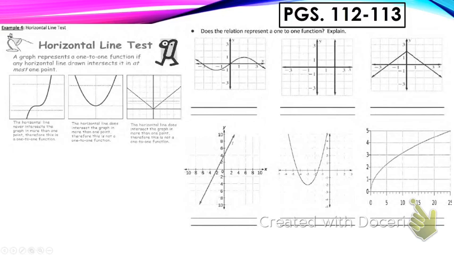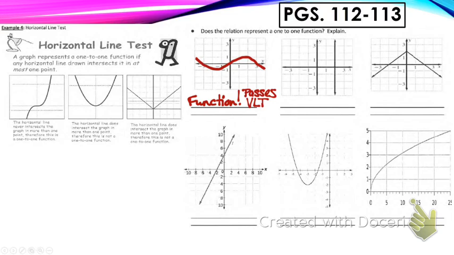So this first graph right here, that's squiggly. We talked about that one already. Was that one a function or not? Function. This one is a function, because it passes the vertical line test. Then I go to check it with a horizontal line. If I hold my pencil this way, is there anywhere I could put my pencil on here where it would cross more than once?